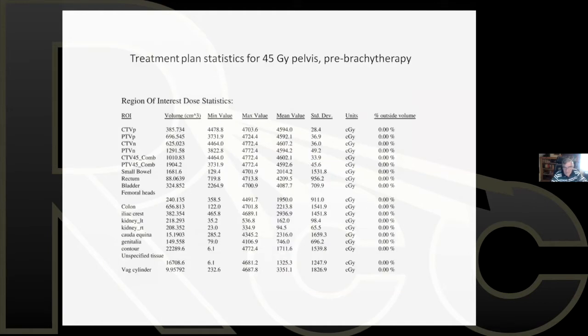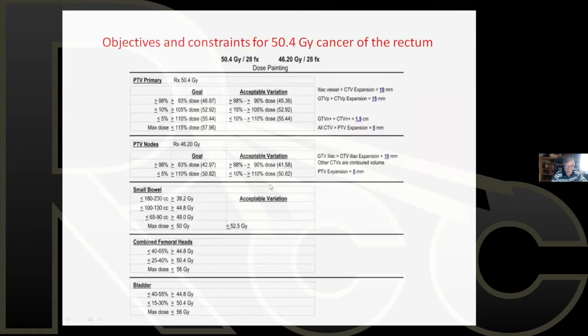Treatment statistics that Philips Pinnacle gives us: for the rectum, you can see that the highest dose is actually 47 gray. The doctor felt that that was okay to go over our constraint of 40 and 45 because it's still not going to be bad treatment, and the doctor wanted the patient to get maximum benefit from that treatment.